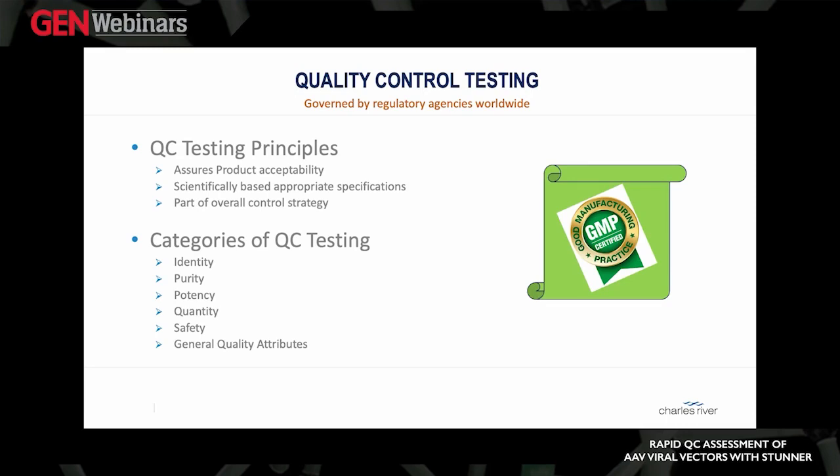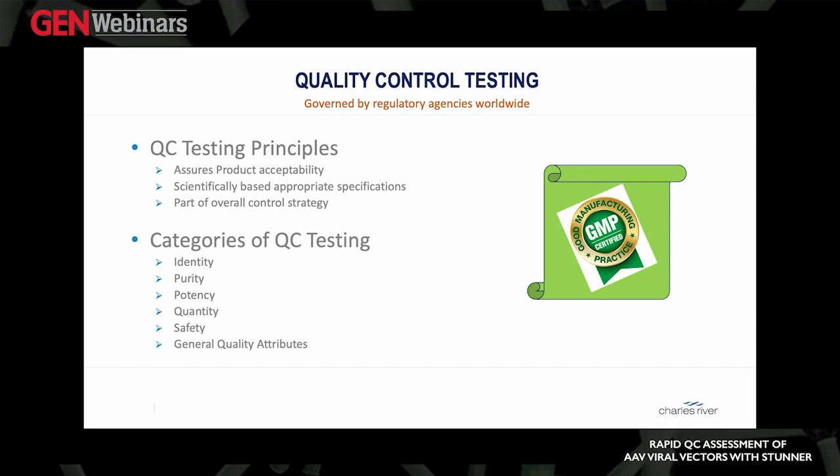And these tests fall under basic categories to provide answers each time you manufacture it. Identity, is it the right product? Purity, what manufactured and processed byproducts are present? And these can be host cell related impurities such as genomic DNAs or process impurities from reagents used in the manufacturing process. Potency, how much do I have and what is its activity?